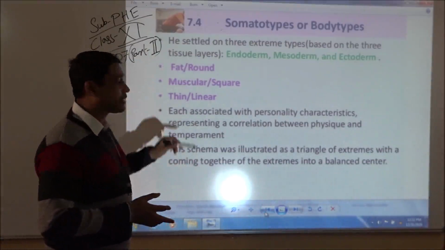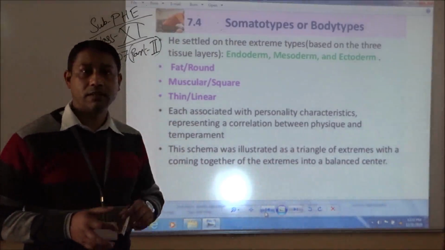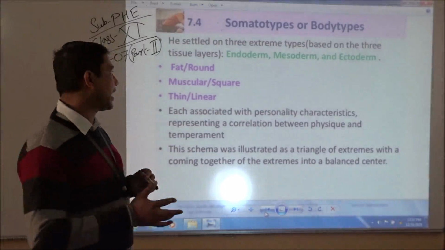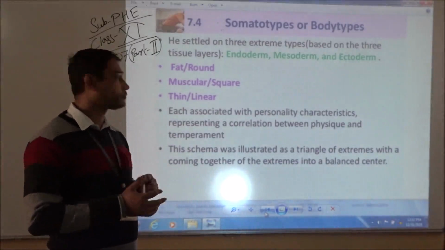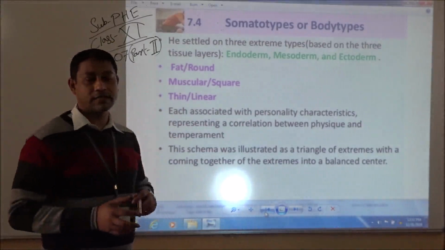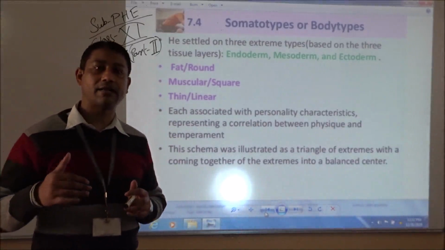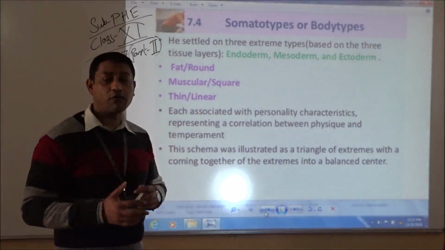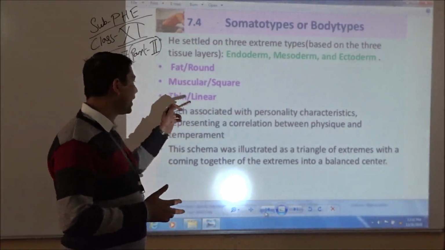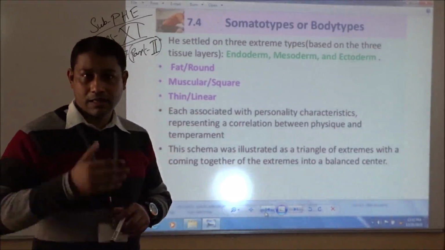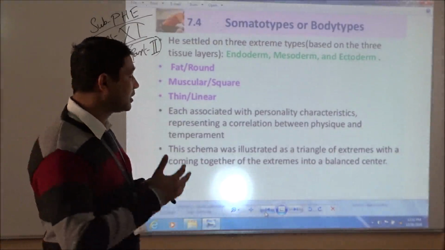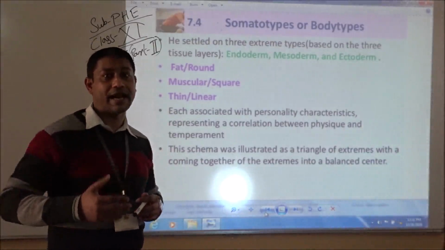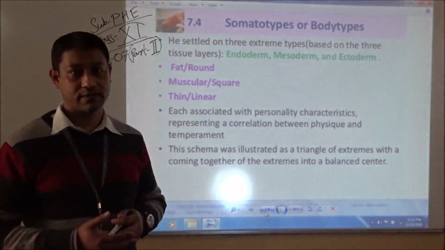The fatty and round individuals are classified as endomorph. The muscular or square individuals are classified as mesomorph, and the lean and thin individuals are classified as ectomorphs.